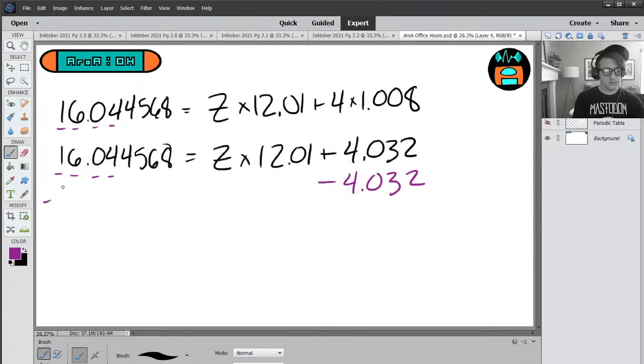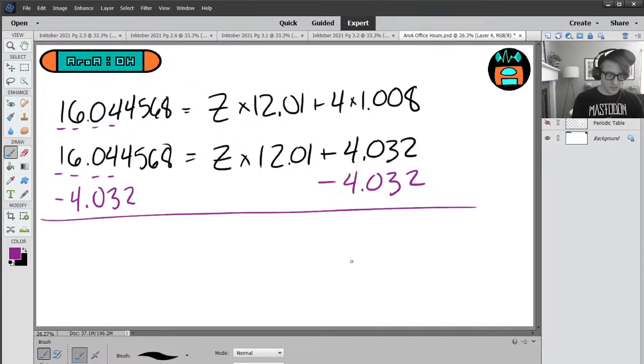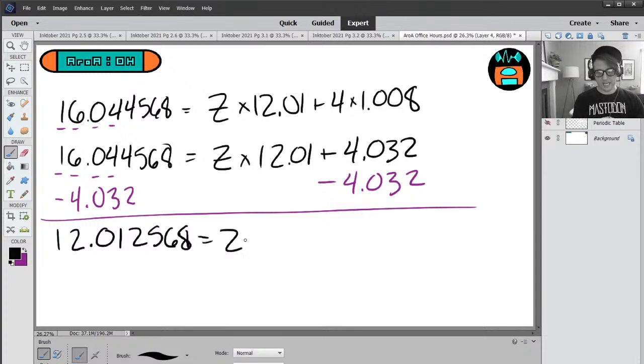4.032 from both sides of this equation. 16.044568 minus 4.032 comes out to be 12.012568, which equals z times 12.01.